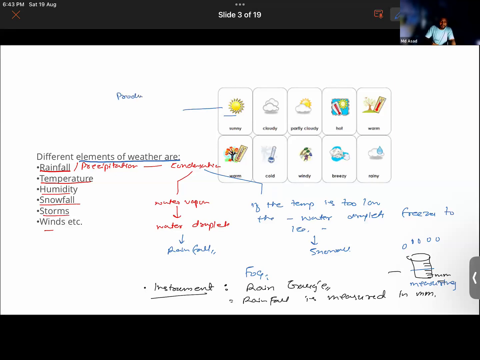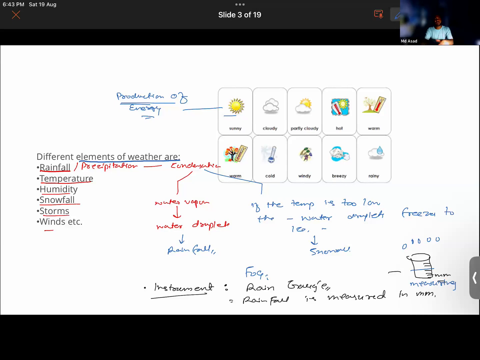Which forms of energy is the sun responsible for producing on Earth? Heat, obviously. Heat is absorbed by the different surfaces of the Earth.